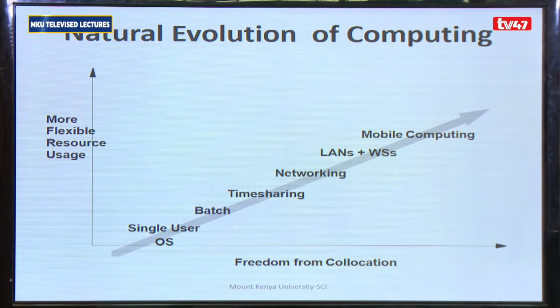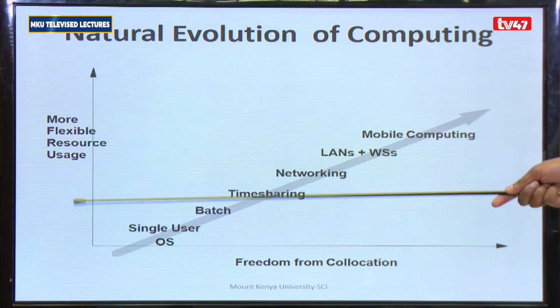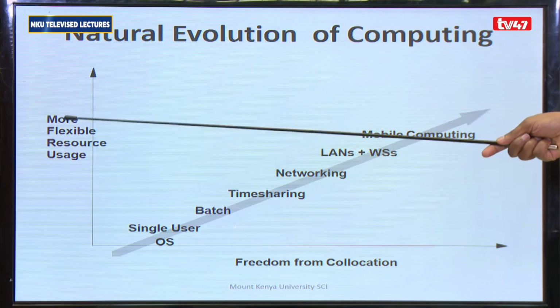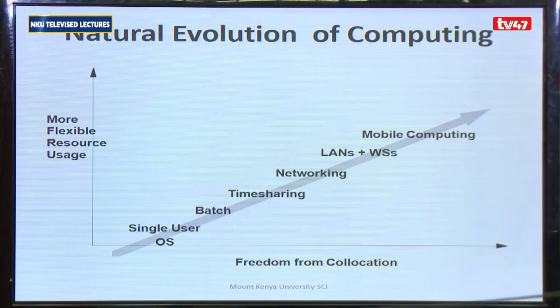For us to understand mobile computing in a much better concept, it is good to understand the evolution of computing. We have two axes: more flexible resource usage, and also freedom of co-location.